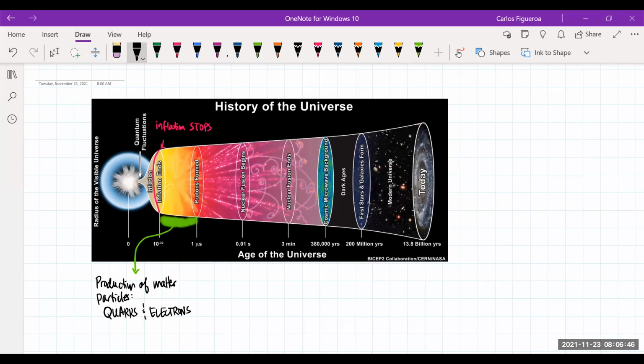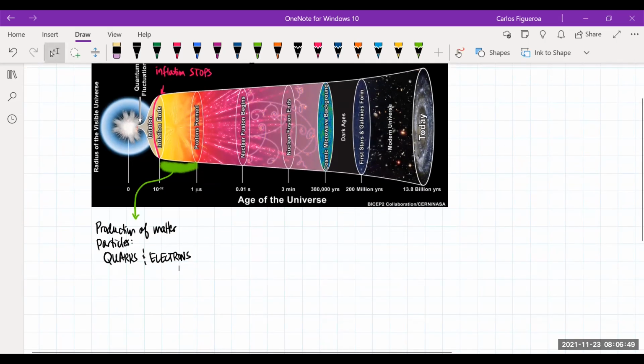So the key in this process here is that at this point, no nucleons, no protons or neutrons exist.